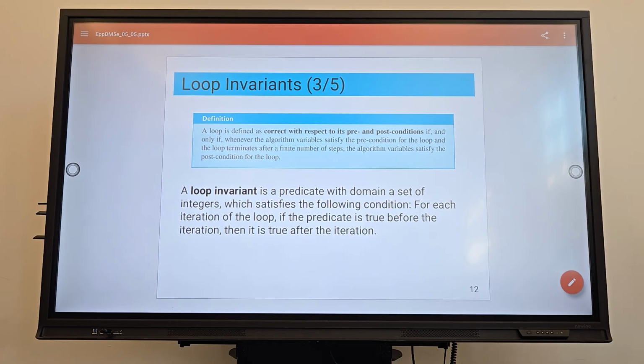A loop invariant is a predicate with the domain of a set of integers, which satisfies the condition for each iteration of the loop. If the predicate is true for the iteration, then it is true after the iteration.